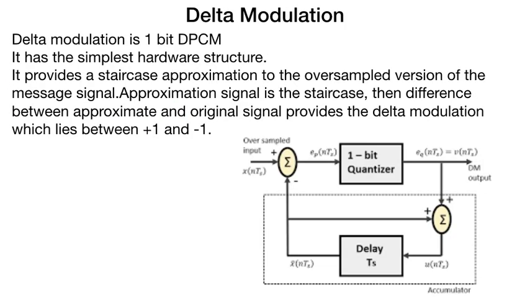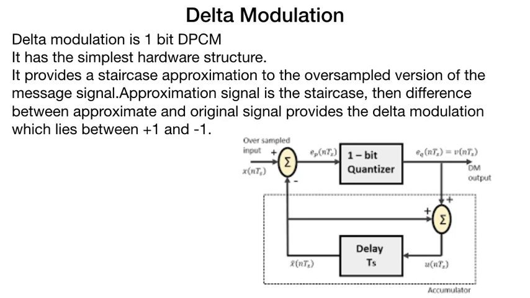Now, what is the need for delta modulation then? DPCM was differential pulse code modulation with a variable del value, right? With a variable quantized value.